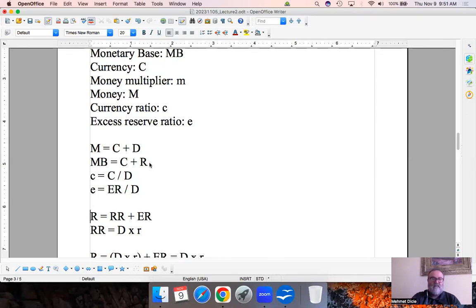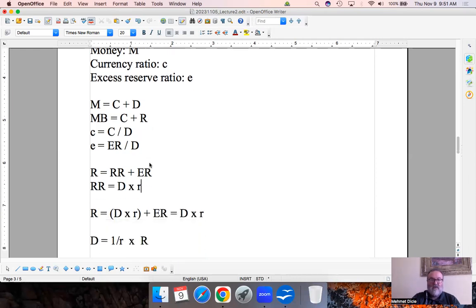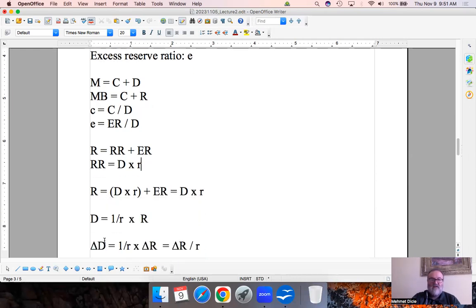And these are simple. The total reserves are the required reserves plus excess reserves. Required reserve is deposit times the required reserve ratio. And then any change in the deposit has to be a change in the reserves times the required reserve ratio.